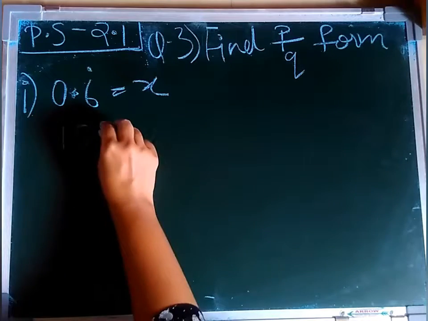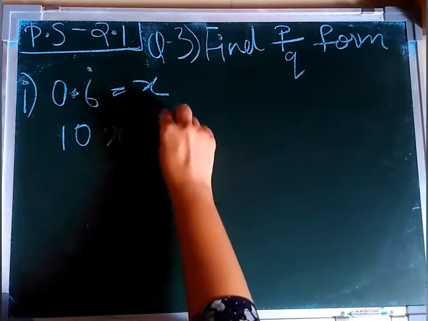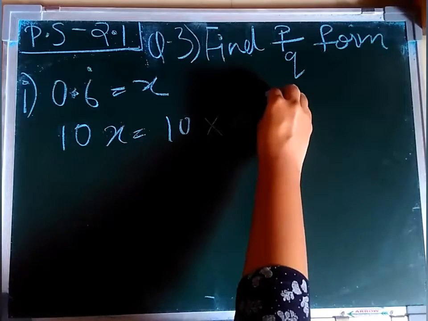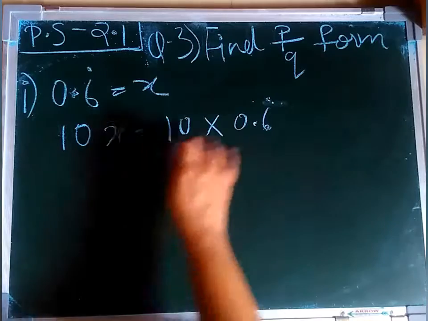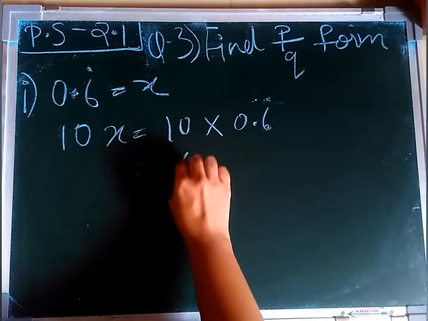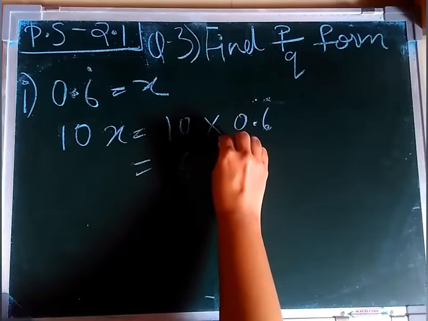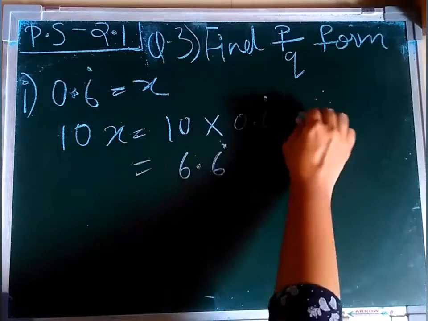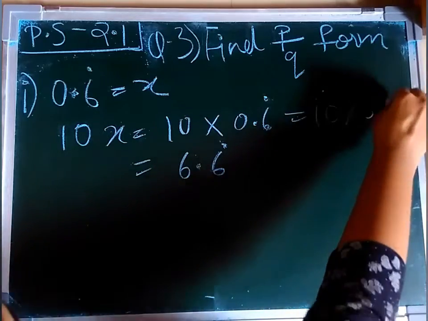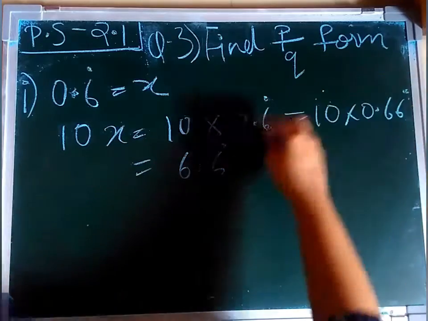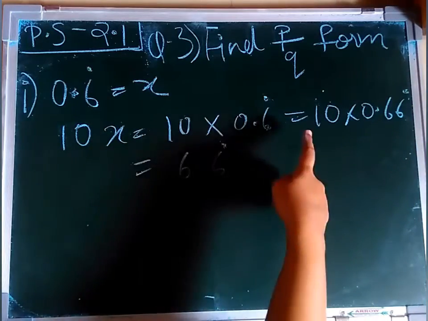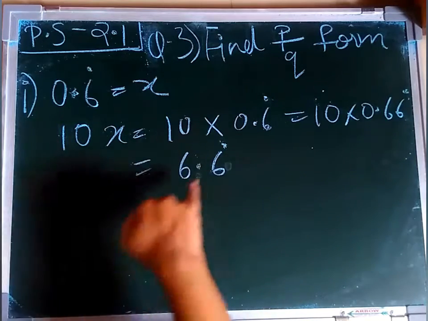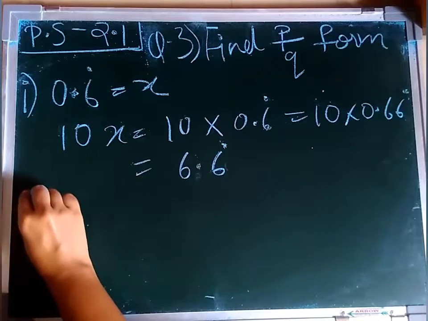If I multiply x with 10, 10x will be what? 10 into 0.66. Now when I multiply by 10, this decimal point will shift to the right once. So 6.6 with 6 recurring.